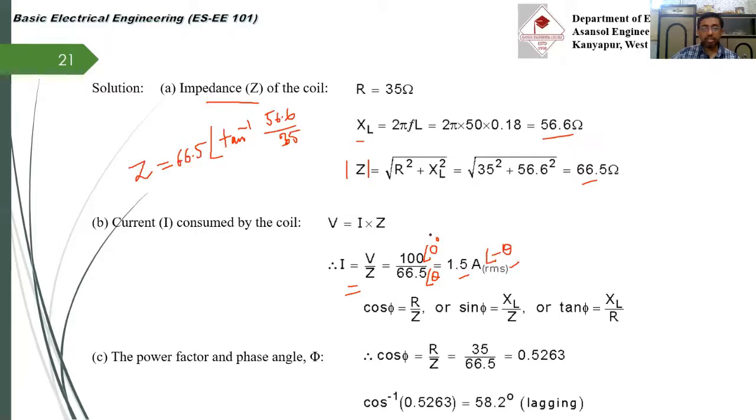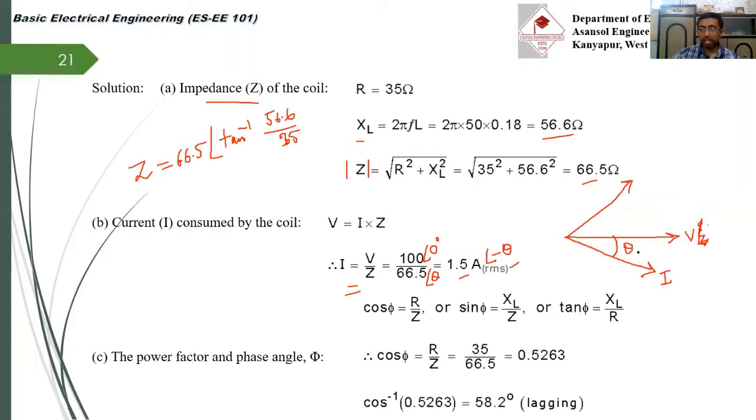Okay, that means in this circuit, with respect to voltage, V is our 0 degree here. With respect to V, I will always be lagging by angle theta. Okay, fine. So what is the power factor?